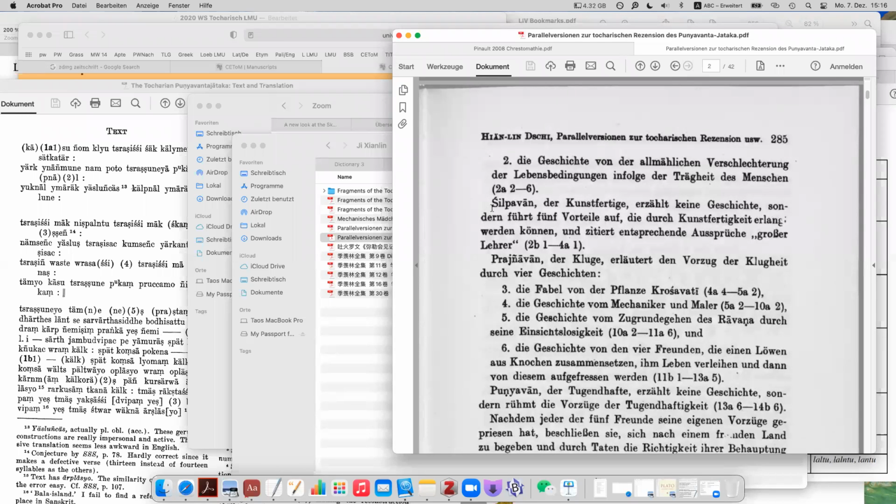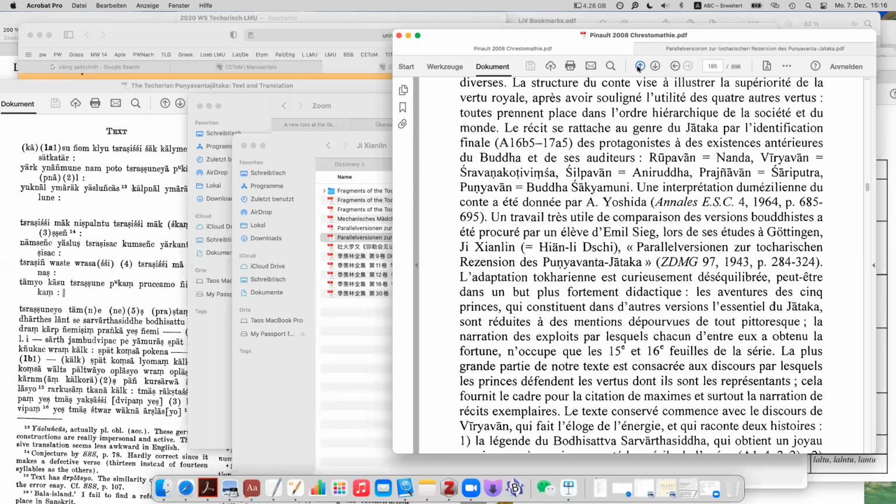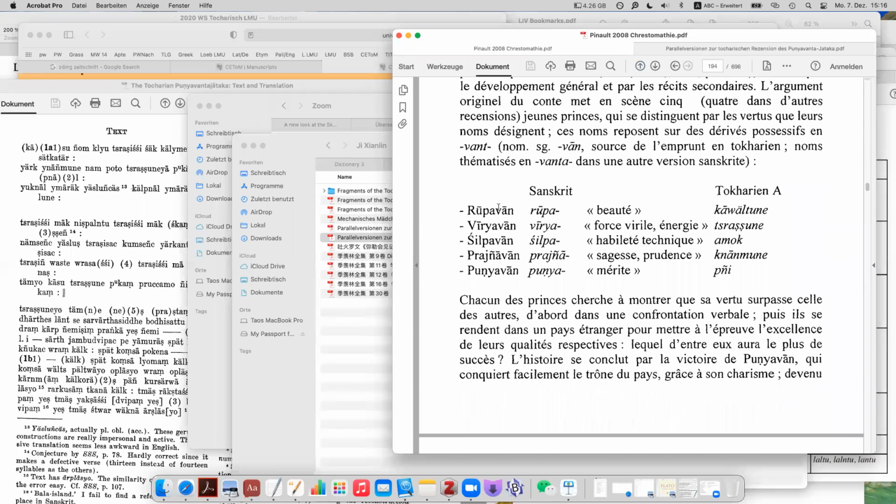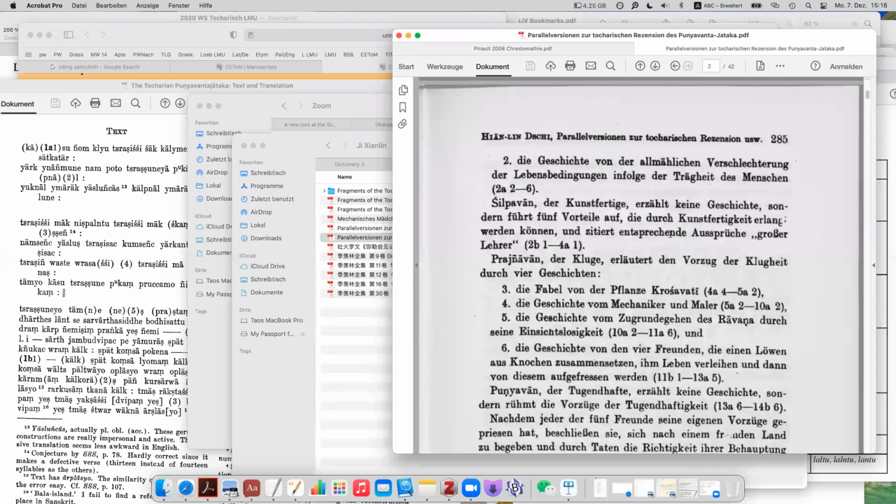Then comes the third person. You can see the order of these 5 persons. First is Rupavan, but we don't have it; it's lost in our manuscript. The second one is Viryavan, but his version is also incomplete in our Tocharian fragment.